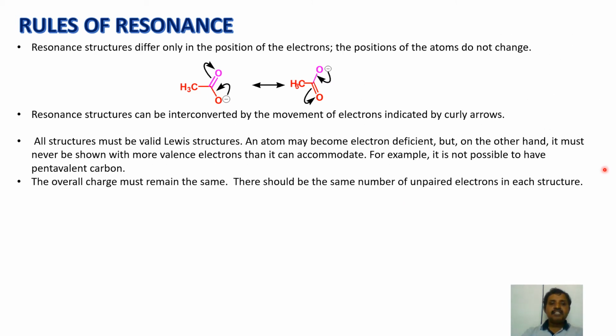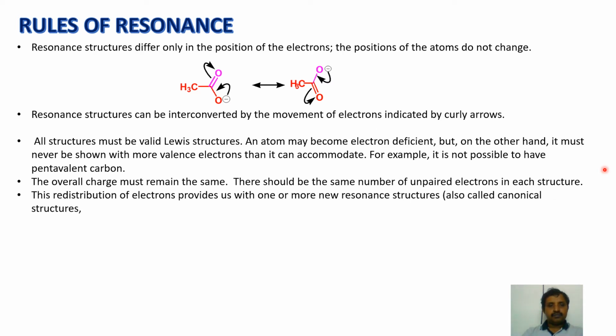The overall charge must always remain the same in all the resonating structures. Each of the molecules should have the same overall charge. This redistribution of electrons provides us with one or more resonating structures called canonical structures.